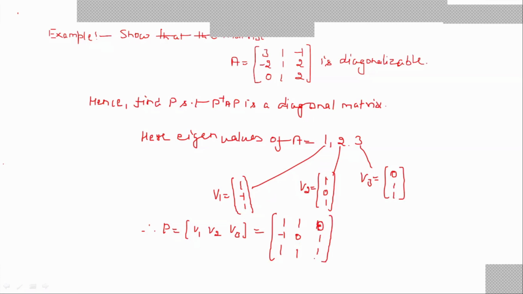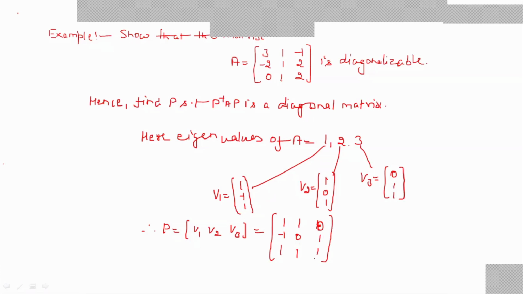This is your P matrix. Now you got the P matrix, and you can verify that P inverse AP is definitely a diagonal matrix.